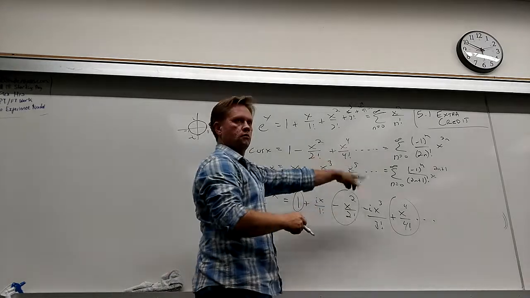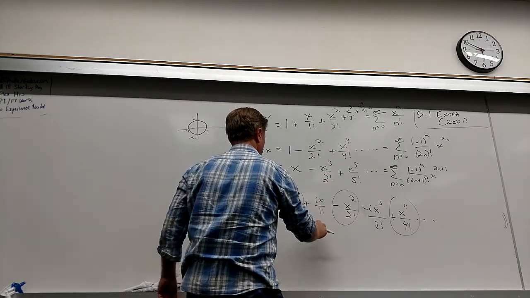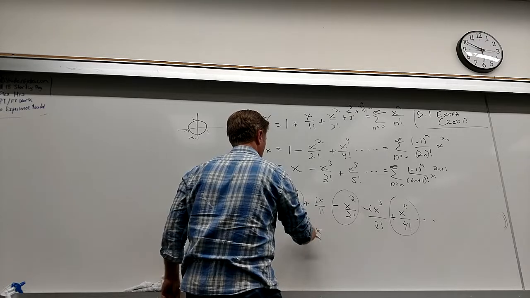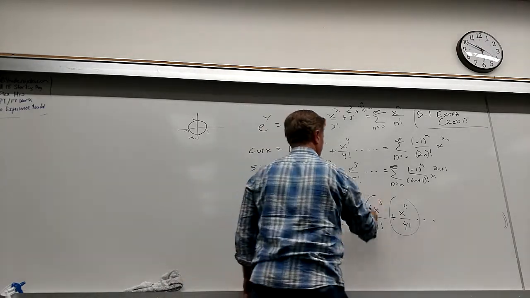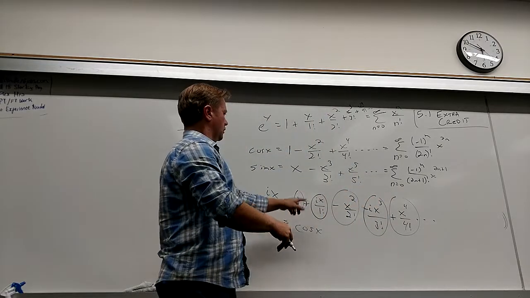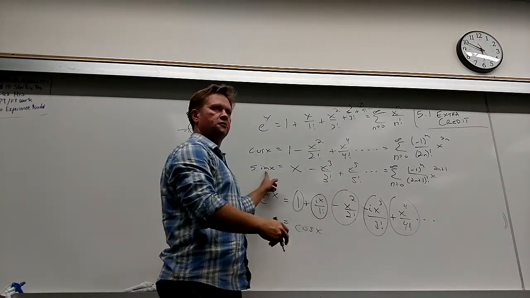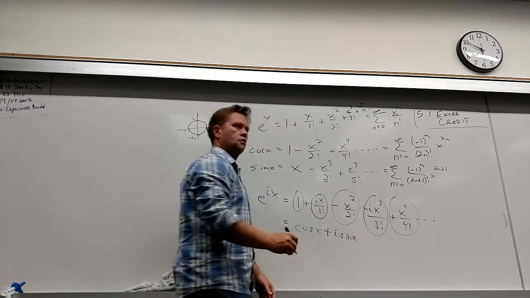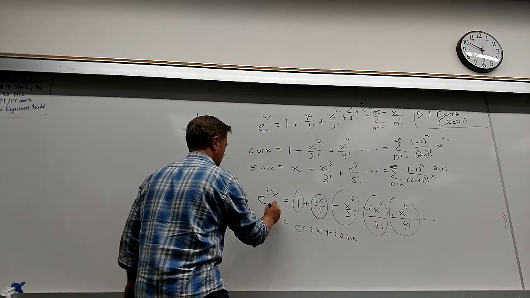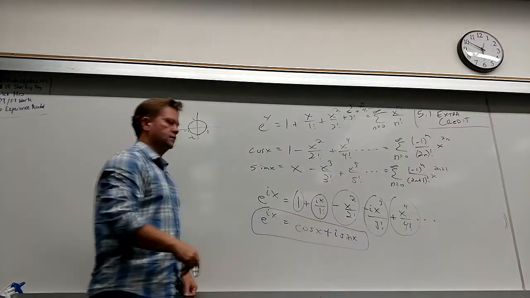Cosine. Yeah, it's cosine. And then what's this? It looks like i times sine. So e to the ix equals cosine x plus i sine x.